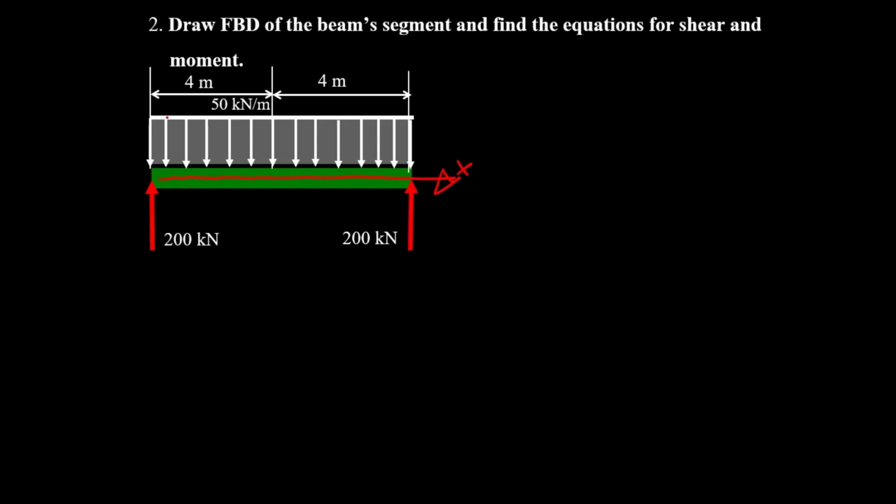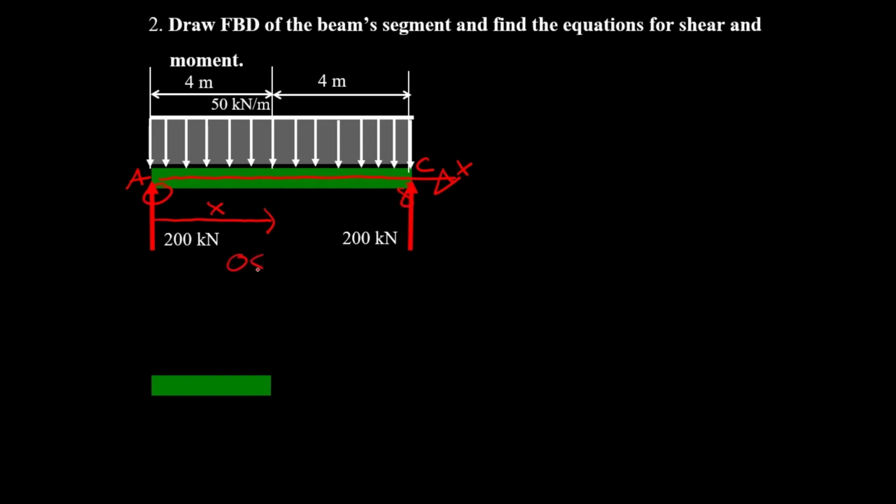The uniformly distributed load is always 50 kilonewton per meter, constant. In this problem, you have only one coordinate from point A up until point C. If you set this to be x, it runs from 0 to 8 meter.